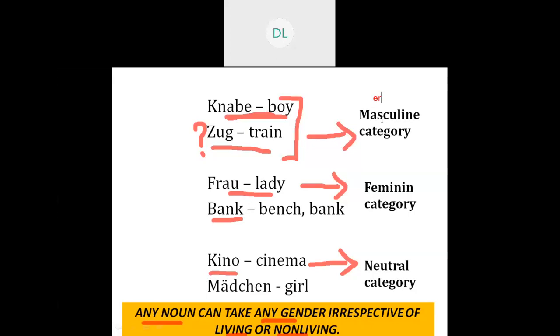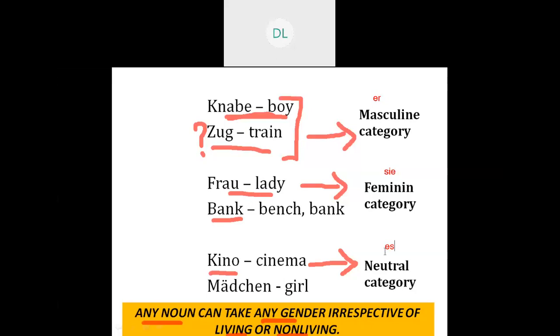On the same grounds, when I want to substitute Frau and Bank, which are feminine nouns, I will be substituting with sie. On the same lines, when I put up Kino and Mädchen, they both are neutral nouns, and if I want to substitute these two nouns, I will be substituting with es.